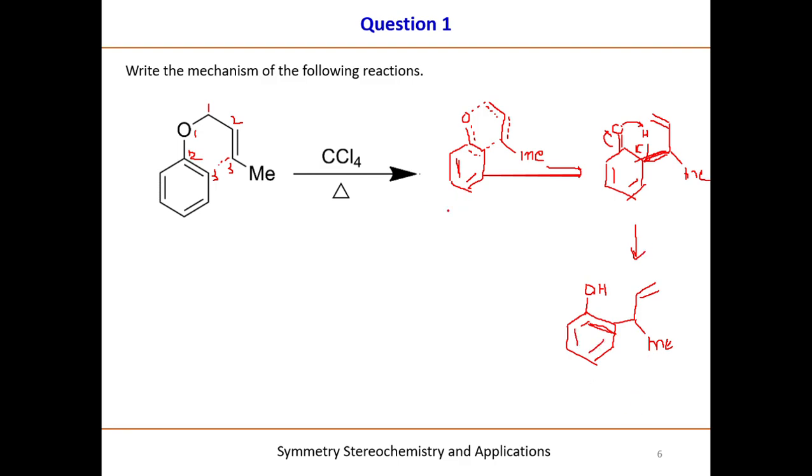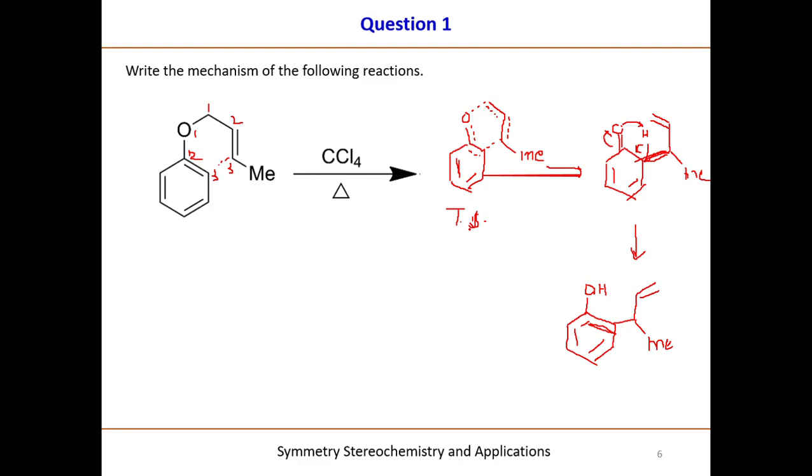And this is the transition state. So this comes under pericyclic reaction. In the Claisen rearrangement reaction, the reaction product is achieved by a concerted mechanism.